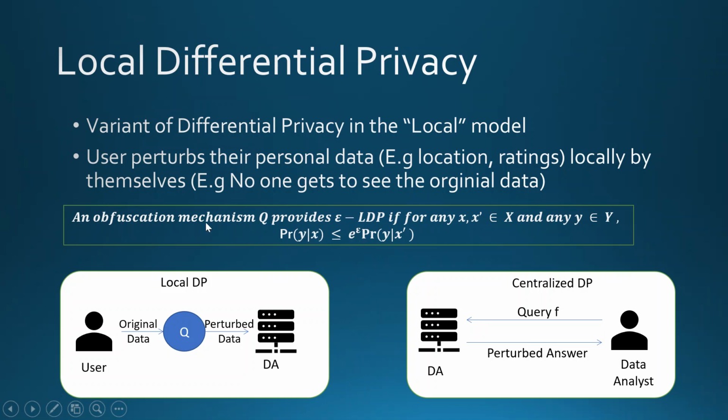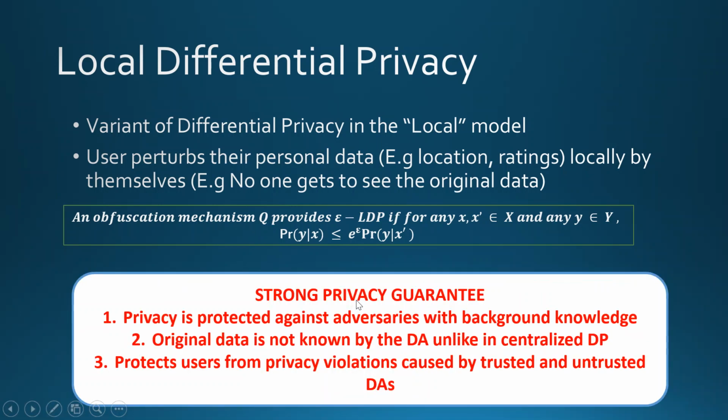There are so many mechanisms that are used to perturb the user data. For example, the Laplace mechanism can be used, the randomized response mechanism can be used, and also there are specially designed mechanisms like RAPPOR which can be used.